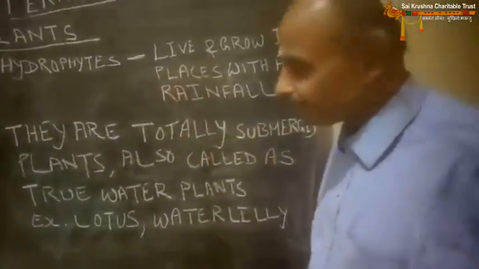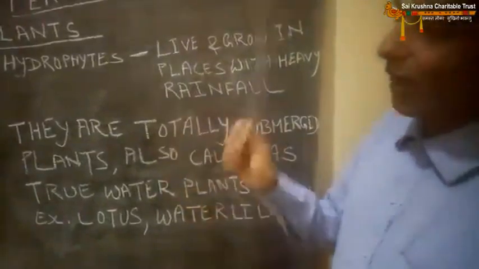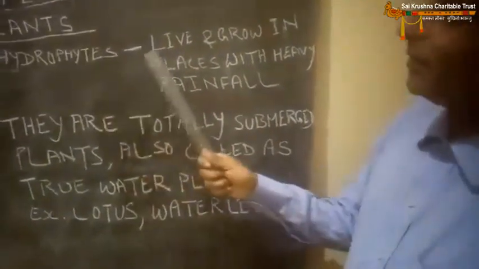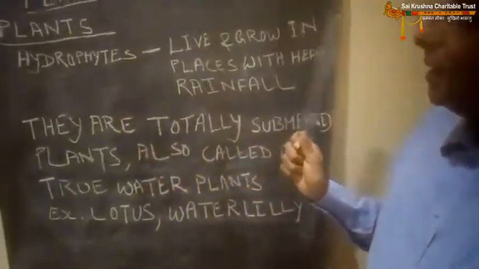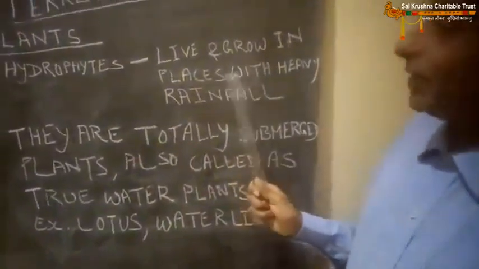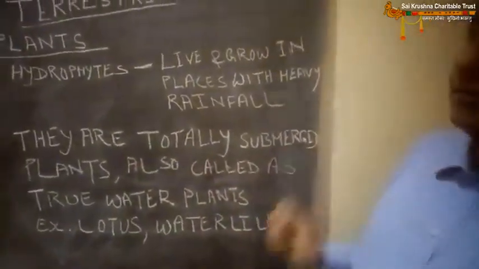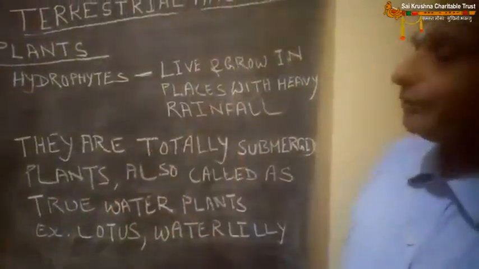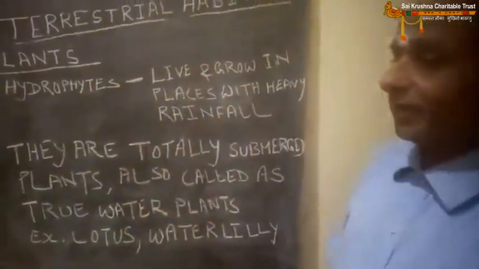I'm sorry. So plants living and growing in places with heavy rainfall are called hydrophytes.